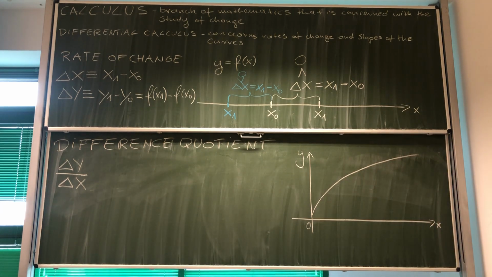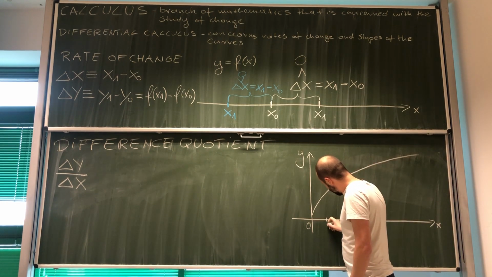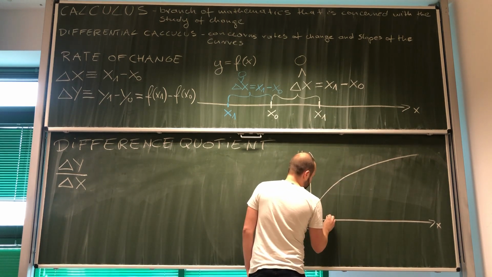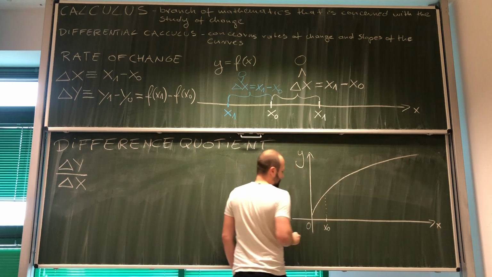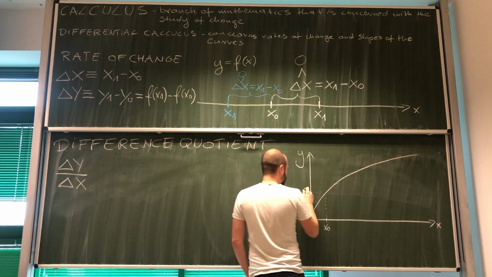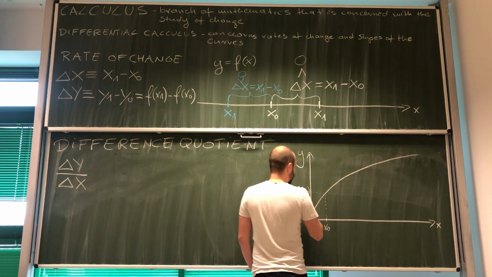Okay, and now let's see. If x at the very beginning is equal to x0, and here we will have f of x0.